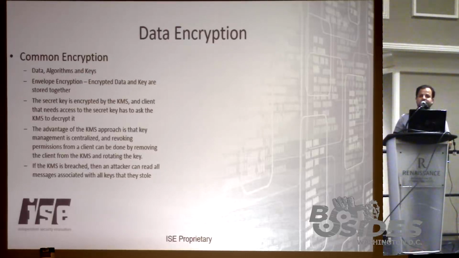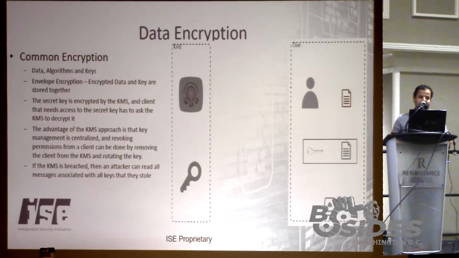One of the examples we should introduce right up front is something called envelope encryption. This is quite common in a lot of cloud computing and web applications these days, where data keys for objects are stored along with the data itself.